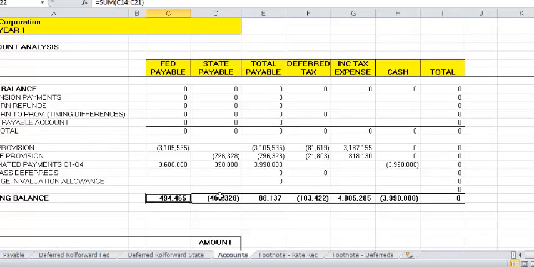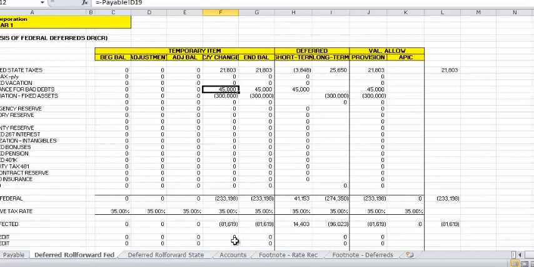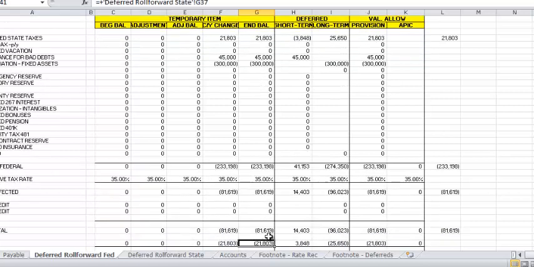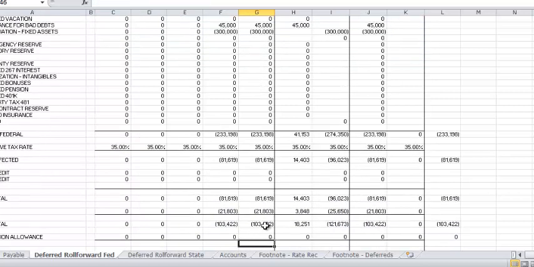Okay? You need to go along the bottom of this and say, do I know what these things are? My total deferreds of $103,000. If I went to my deferred tab, it tells me my deferreds are $103,000 after I take my federal and add my state. My total is $103,000.